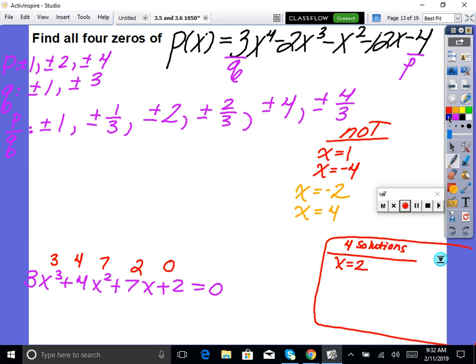Okay, I'm doing 1/3. 3, 4, 7, 2. One-third definitely does not work.